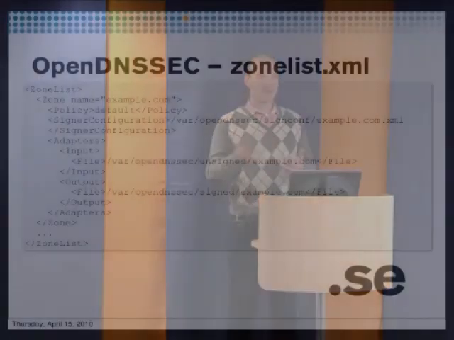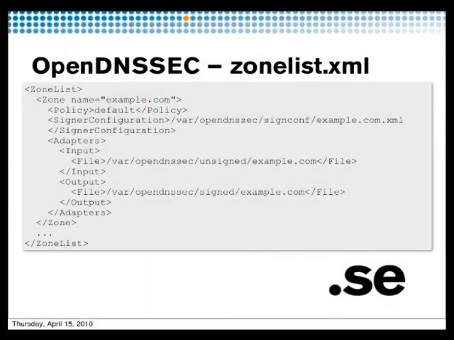If you updated that file 6 hours later, then you have to tell OpenDNSSEC that you have updated it, because otherwise we'll just maintain the signatures. So whenever you update this file, you have to tell it with ods-signer sign for that zone. Then it will refetch the unsigned zone file, check what has changed, and apply a new signature on top of that. Otherwise it will just run and maintain the signatures for you.